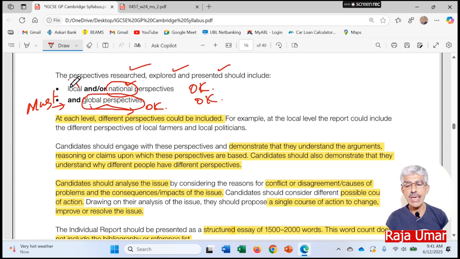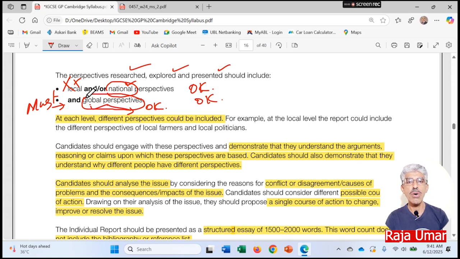So what we say to the students is that they can skip the local perspective, as when you give your own perspective in your reflection and conclusion, being a person of some locality, your opinion is considered the personal perspective and the local perspective as well.